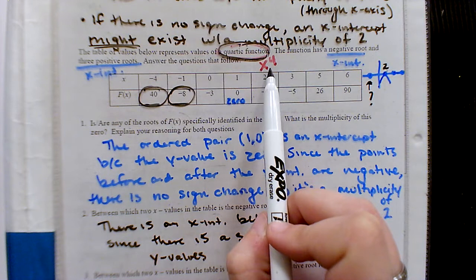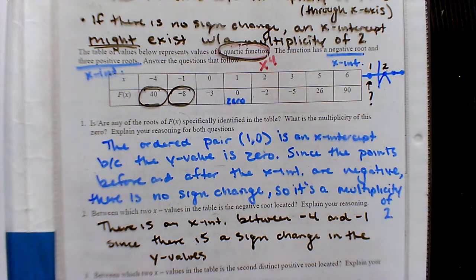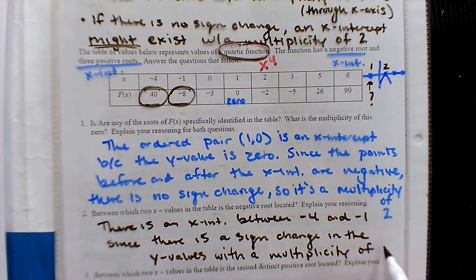Because we know they'd have to add up to 4. So that's one way you could determine that. Without a specific graph, though, we would have to need a little bit more information. But since you know it's quartic, you know it would have to be a 1. So there's an x-intercept. Since the y-values change sign, with a multiplicity of 1.